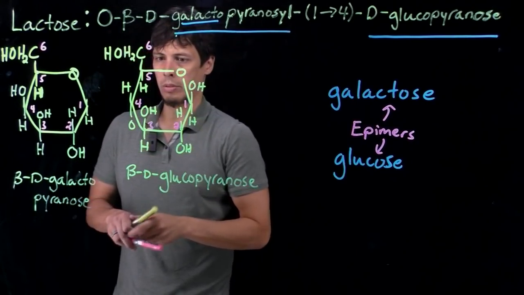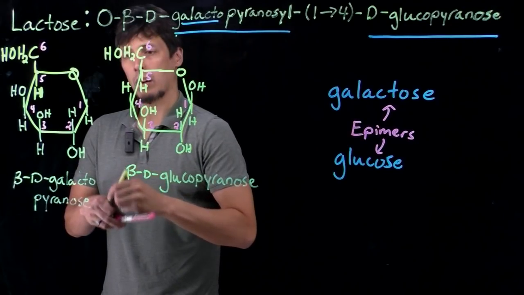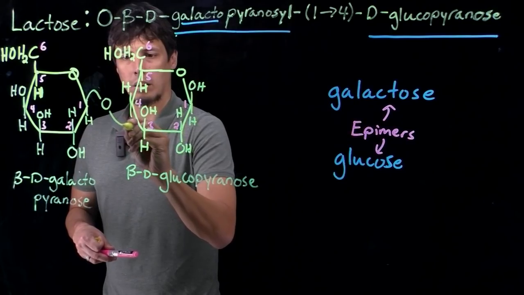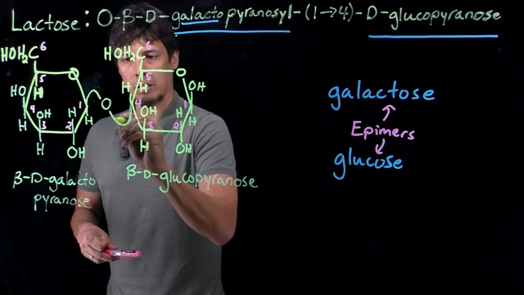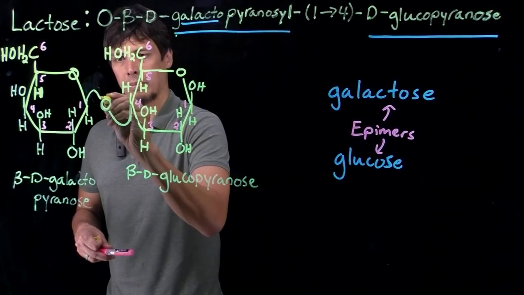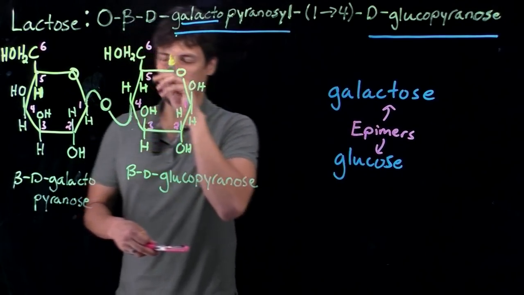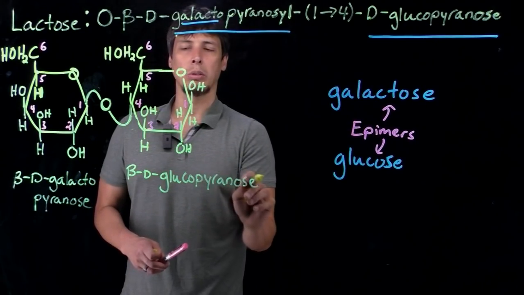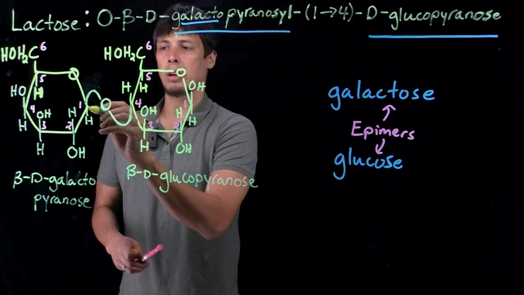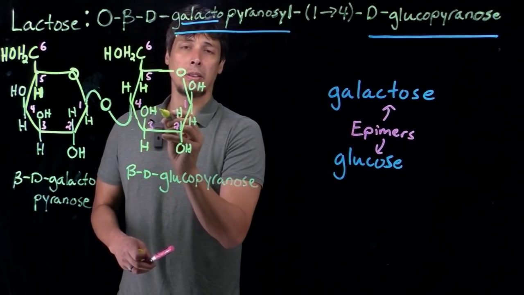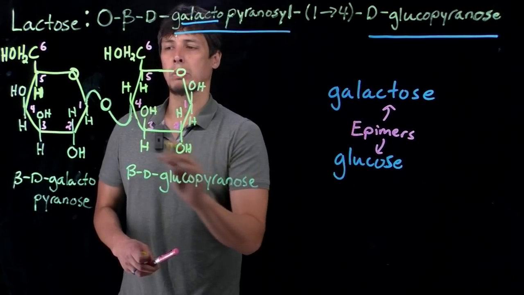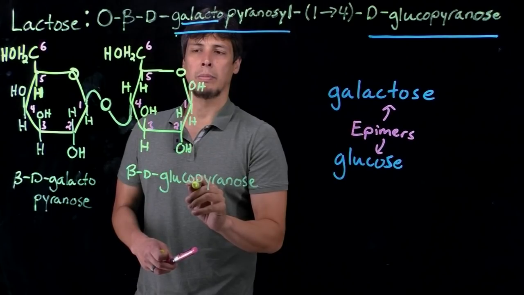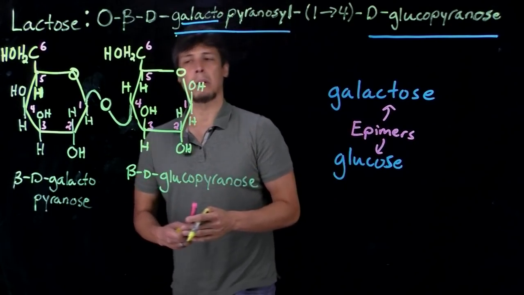As shown in your textbook, we'll put our oxygen in the center and draw it like this, which is not chemically correct, but gets the idea across. We have this O linkage between galactopyranose and glucopyranose, and it is between the hydroxyl groups at the 1 and 4 carbons of these two species respectively.